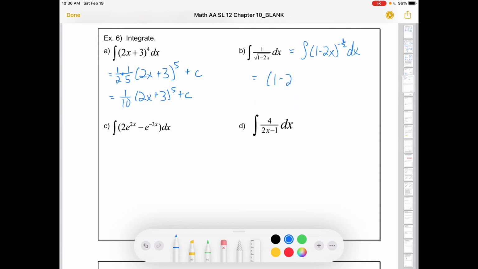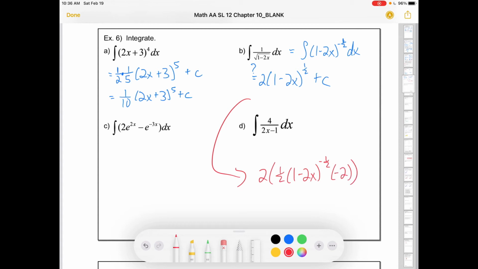I would bring my power up by 1. I put the flip of the new power in front, and I'm sort of wondering, is that my answer? And then I'll go ahead and try to differentiate it. So the 2 will stay, and then the half will come down front, and the power will go down by 1. And then from the chain rule, I'll have a -2 here. So what will happen?